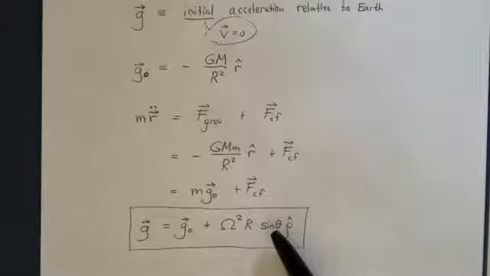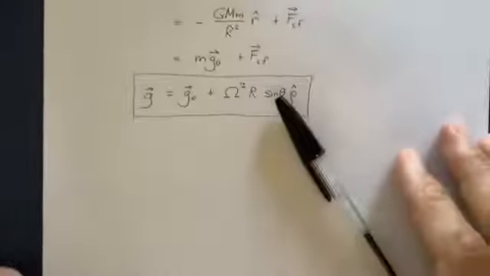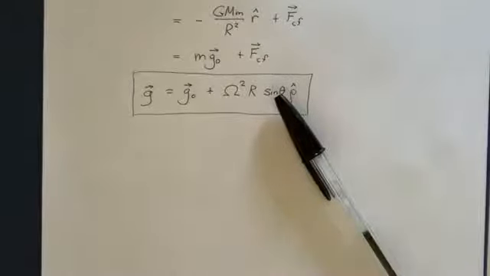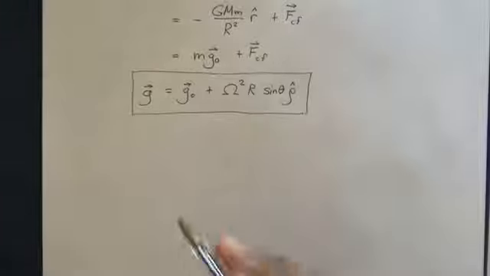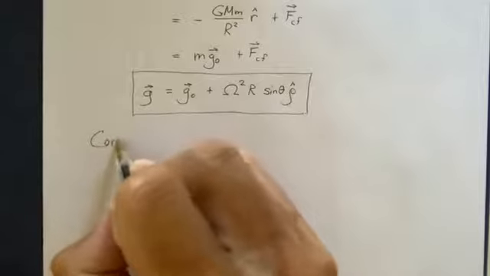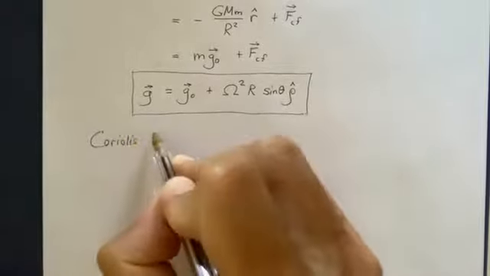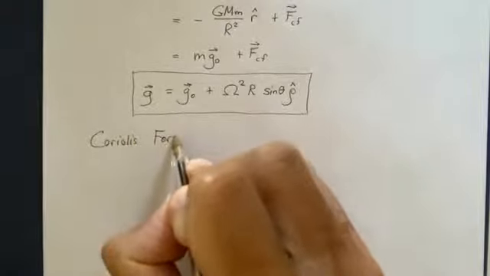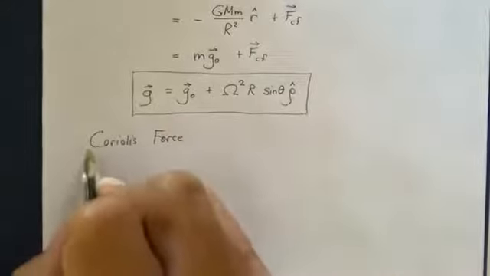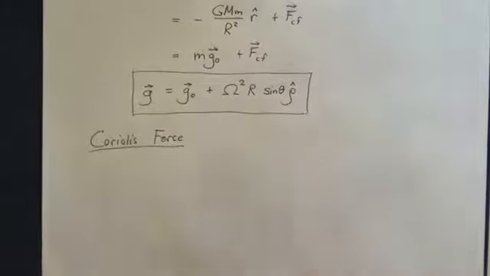Okay, so let's talk about the Coriolis force. We're going to start getting some familiarity with the Coriolis force. Once we get this familiarity, then we're going to revisit this experiment.